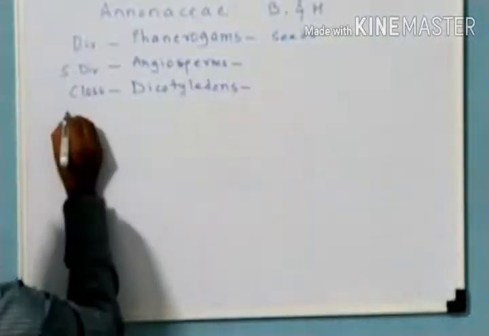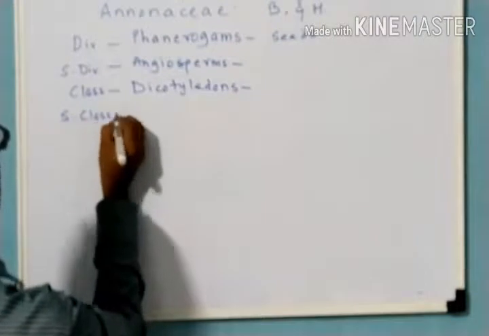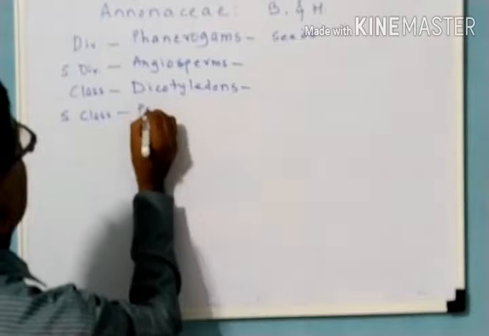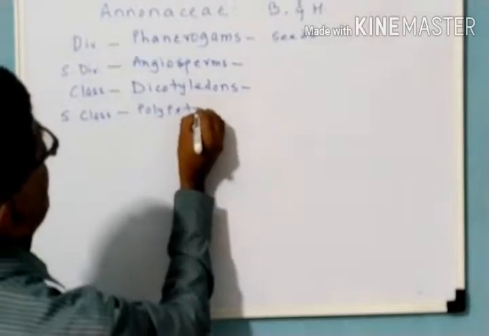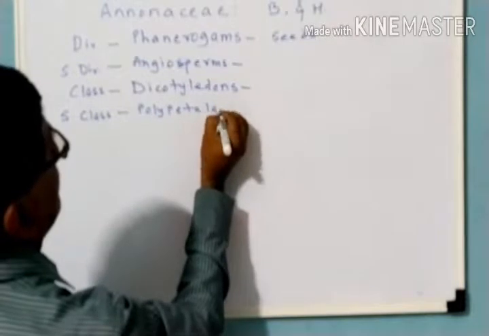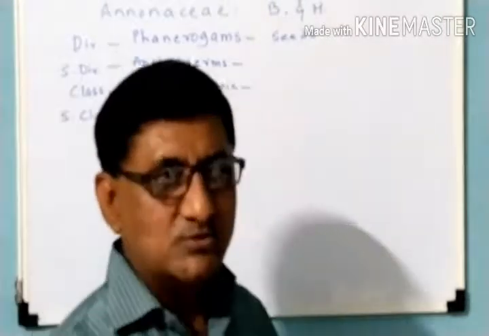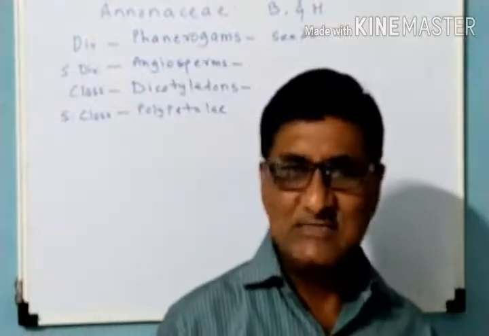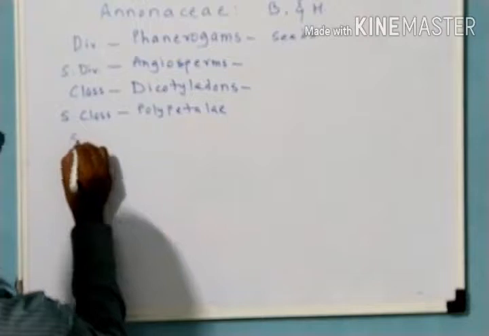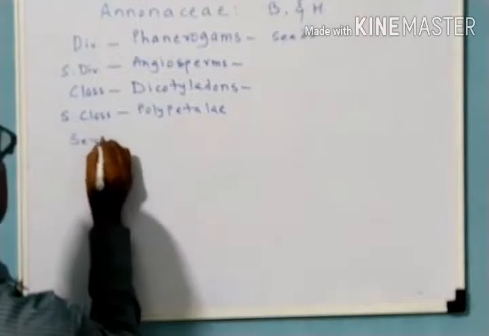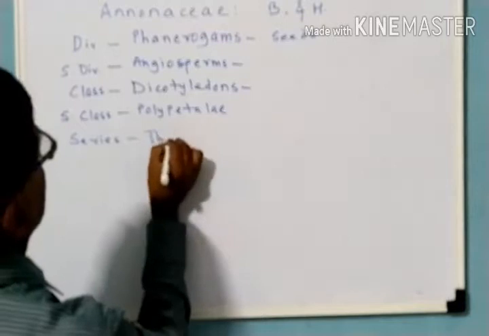Then subclass Polypetalae. The reason is petals are free in the flower, so that subclass is a Polypetalae subclass. Then series Thalamiflorae.